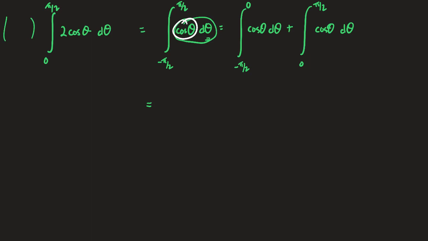And this one is sine. So I'm actually going to use this as my beginning part. I'm going to say that the antiderivative of 2 cosine theta with respect to theta is 2 sine theta. So your step 1 is find the antiderivative.